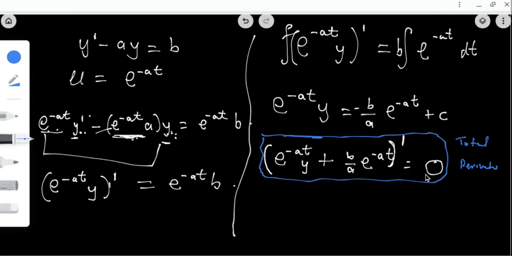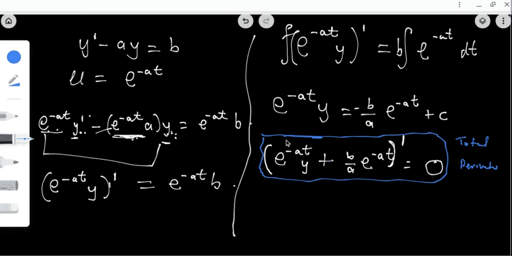Why is it the total derivative? Because you could see that the whole function has been raised to power 1. It means we are differentiating the whole function, and the rule is that the total derivative of a function is equal to 0. So the total derivative is always equal to 0. Let's take note of that.